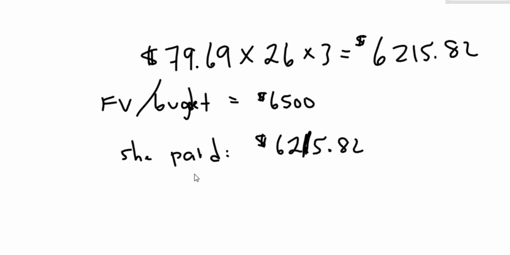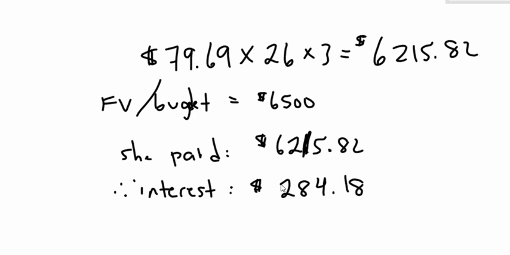And therefore, the interest, the amount of money that she collected in interest, is the difference between the $6,500 that she ends up having in the account and the money that she actually put in the account. So she actually saved herself $284.18 by planning ahead and depositing the money. So, that's nothing to sneeze at, right? $284, I would take that in a moment.